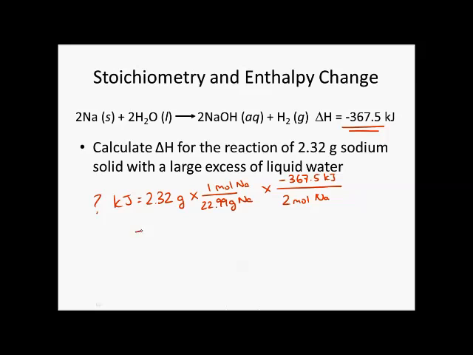As a result, the enthalpy change is minus 37.0 kilojoules.